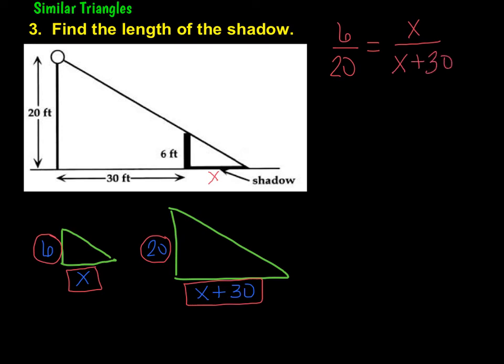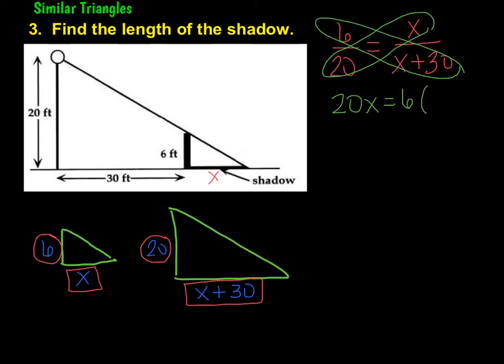Okay, we can cross multiply now, just like we have been. And we end up with 20 times X, or 20X, equals 6 times X plus 30. Okay, next step, distribute the 6 into the parentheses.